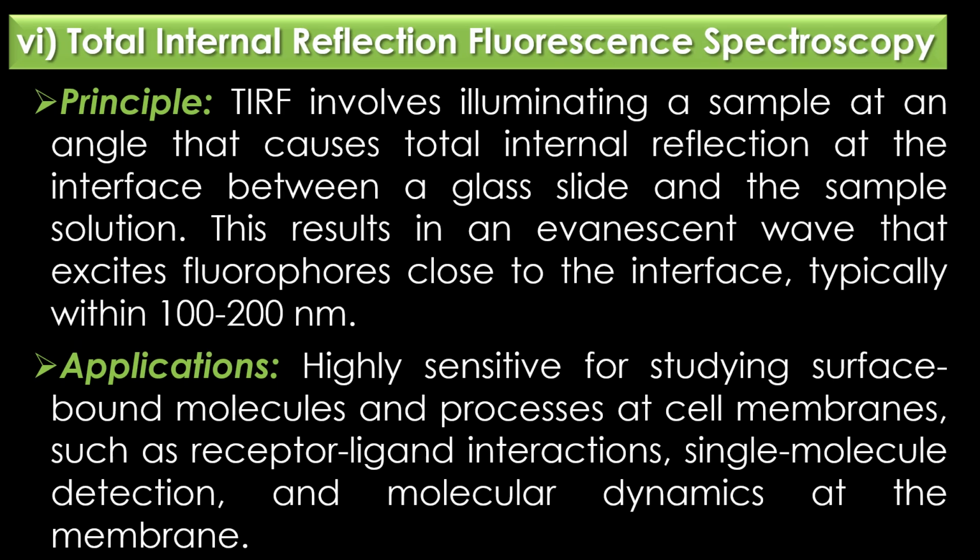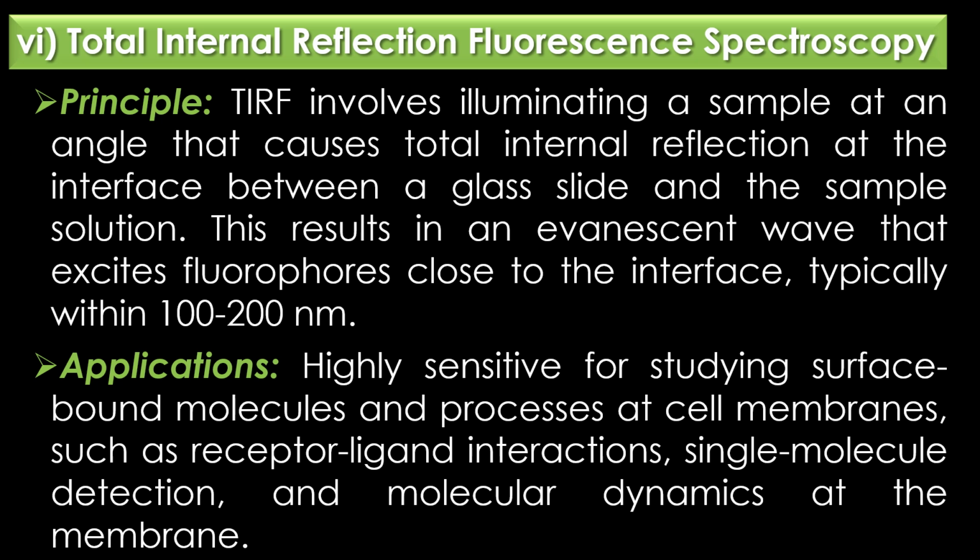The sixth type of fluorescence spectroscopy is total internal reflection fluorescence spectroscopy. In short form, it is called TIRF spectroscopy. TIRF spectroscopy involves illuminating a sample at an angle that causes total internal reflection at the interface between a glass slide and the sample solution.